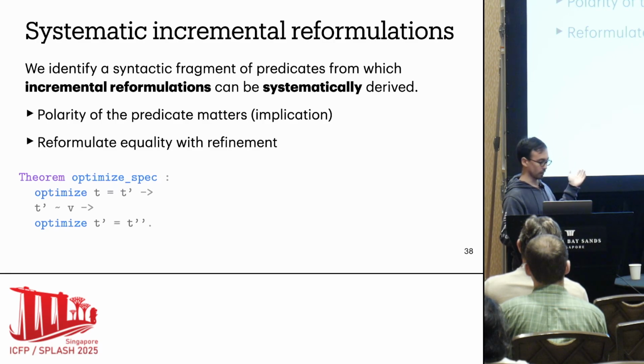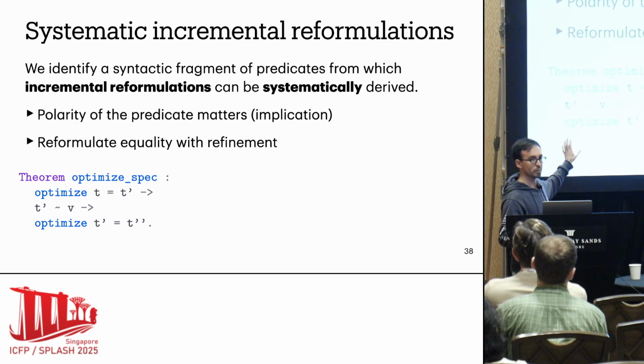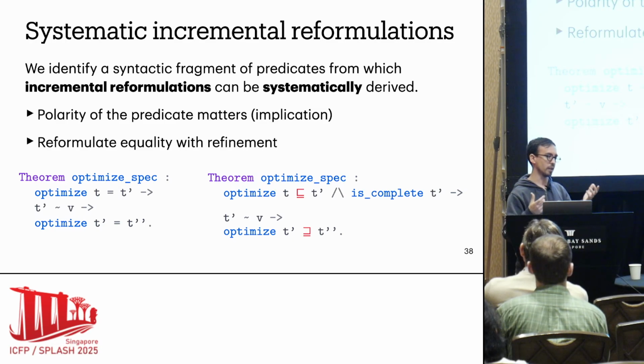I have a specification here which makes no sense, but it's just to show that there's an equality in the premises and in the goal. When we reformulate, we replace equality with the refinement, but we switch the directions, and we also add some additional predicates. There's more in the paper, and also some simplifications that one can do on the reformulations.